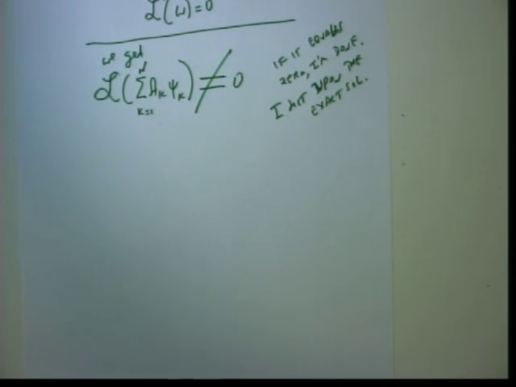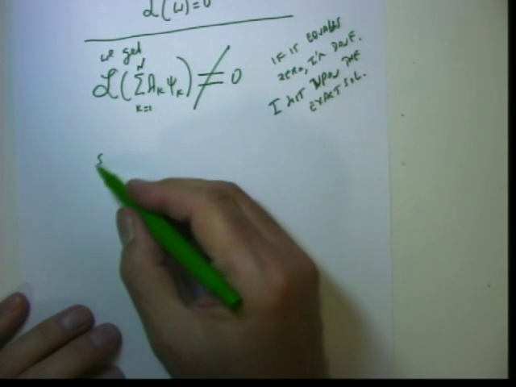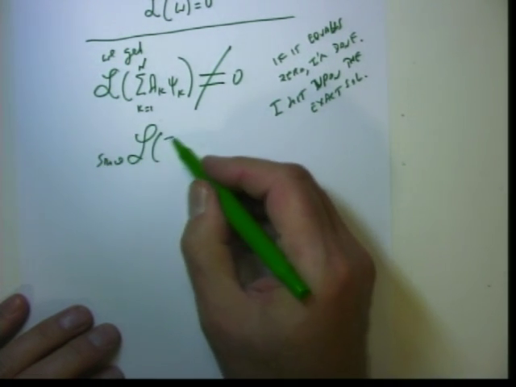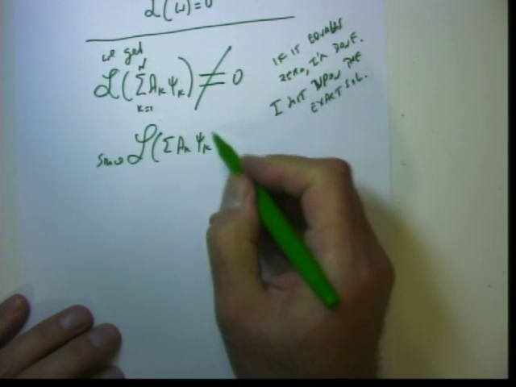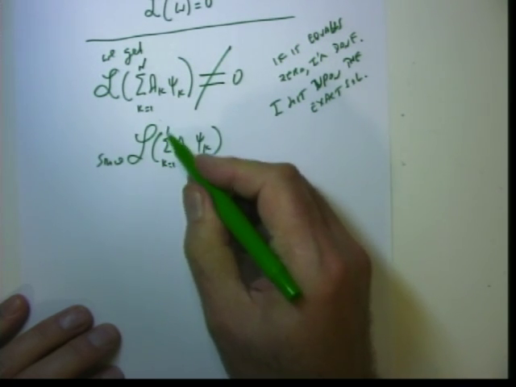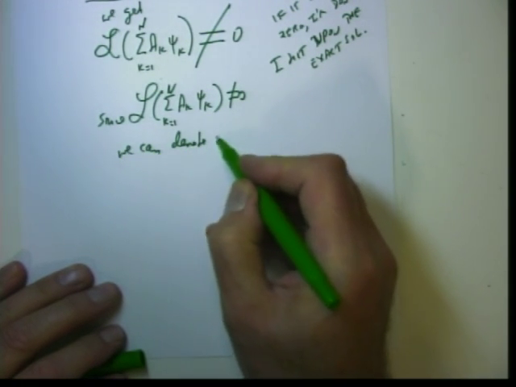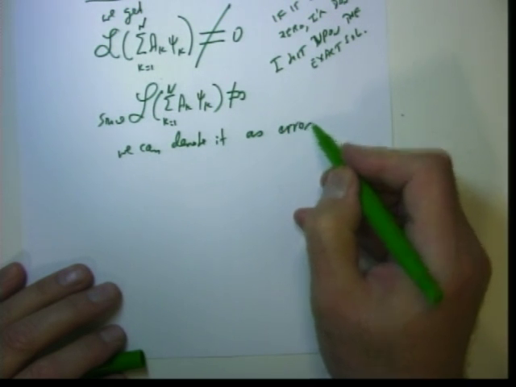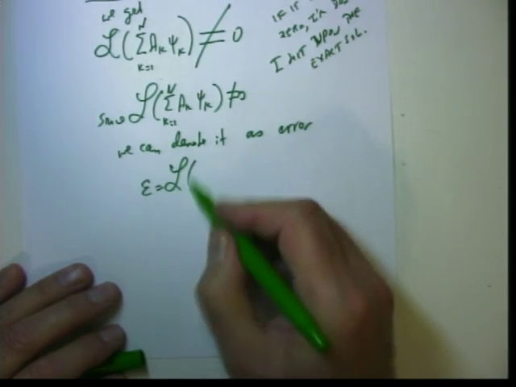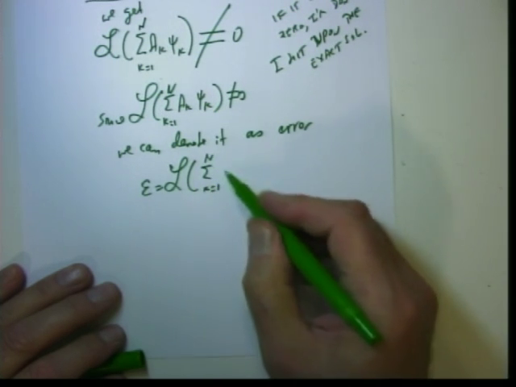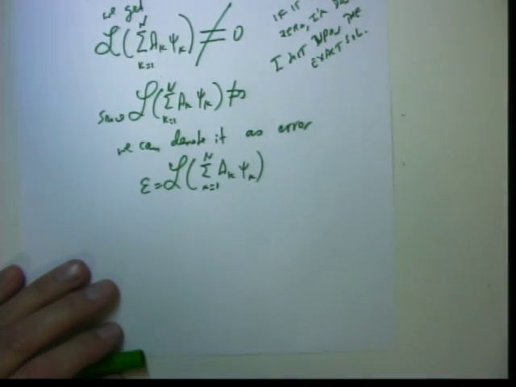Just take, I'll tell you how to take a's, put these a's like this, and these psi's, and you're done. Maybe there will be some unbelievable idea. Not yet. So since L of the sum of a_k psi_k does not equal 0, we can denote it as error, epsilon. So that is an error.